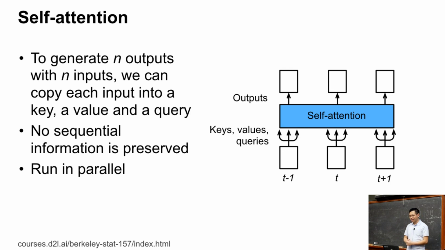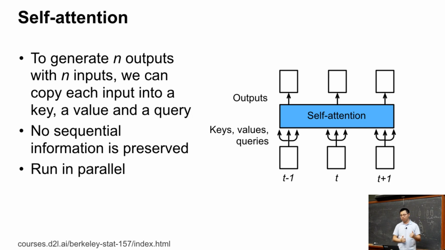But the good thing here is that we can run in parallel. Each output can be run in parallel with each other. In the RNN, we cannot do that because we need to compute the current time step and update the hidden state, which is the input of the next time step. So you run sequentially, time by time. But for the attention, each is independent of the others.